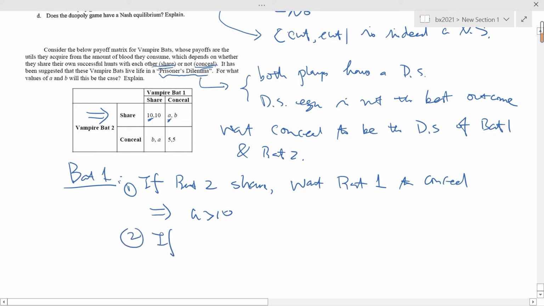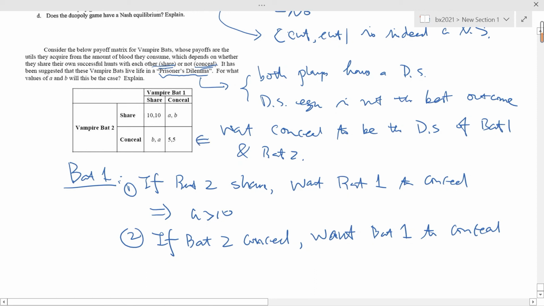Second, if bat 2 conceals, we want bat 1 to conceal as well, so that conceal will be bat 1's dominant strategy. If bat 2 conceals, then we are in this row.